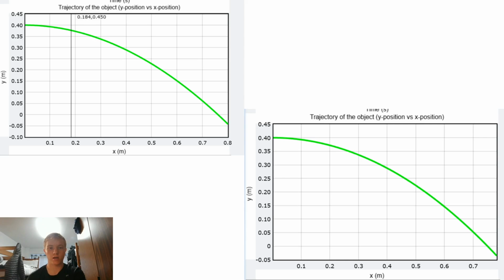In the second model, I included both gravity and air resistance. The drag force always points opposite to the direction of motion and has a magnitude proportional to the square of the object's speed. The drag force is implemented by multiplying the squared speed by a proportionality constant, which we call b, and by the unit vector opposite to the velocity.